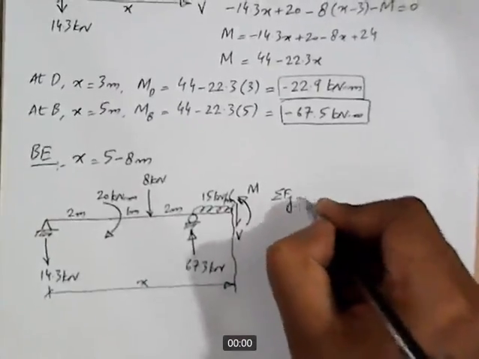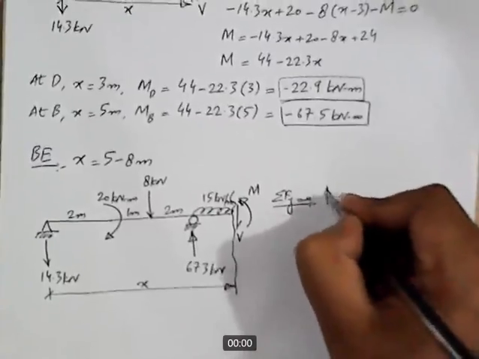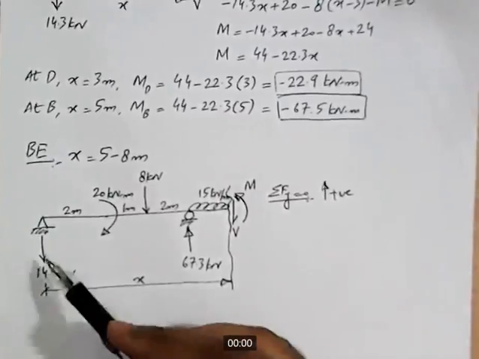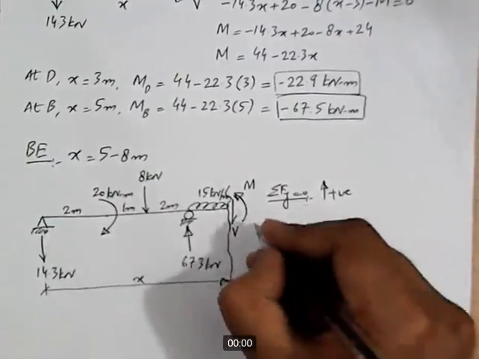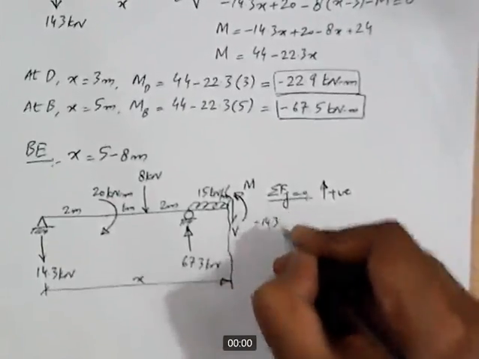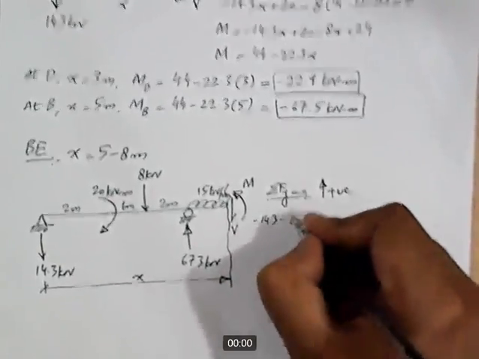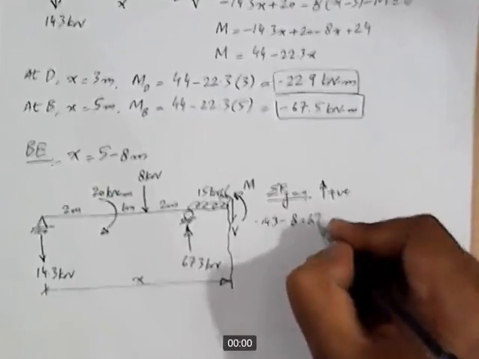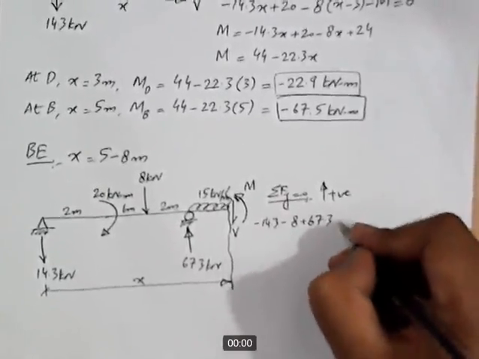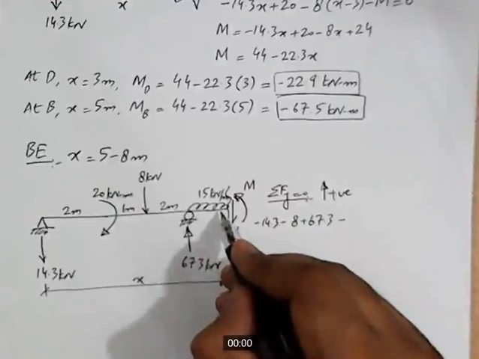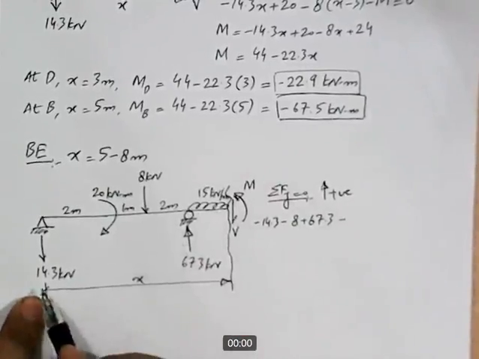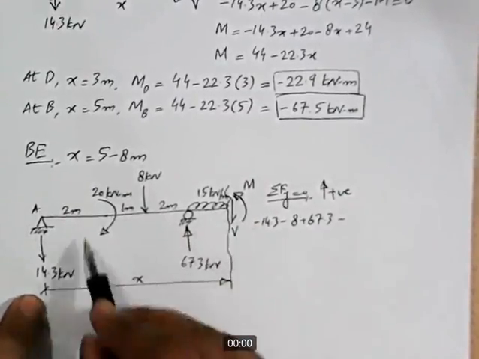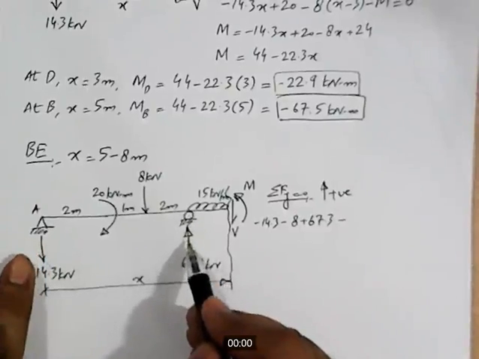Sigma Fy equal to 0, with sign convention upward forces as positive. So starting from this side, 14.3 kilonewton is acting in downward direction, minus 14.3 kilonewton minus this 8 kilonewton plus 67.3, and then minus this UDL. Now how much will be the magnitude of the UDL? The distance between point A and the section is X. How much is the distance up to the starting point of the UDL?